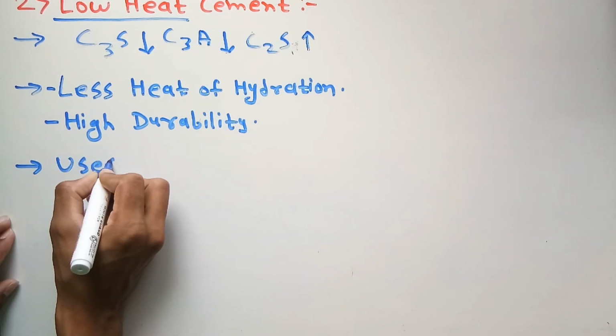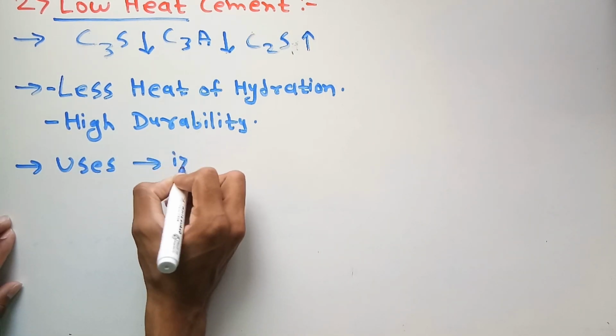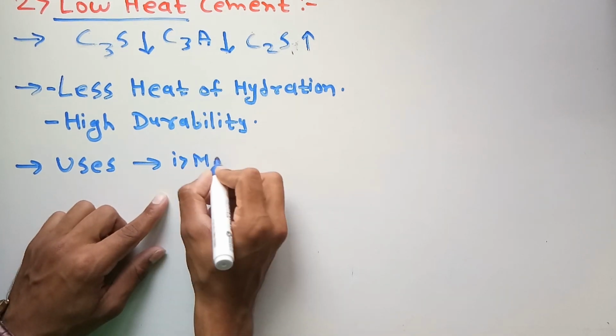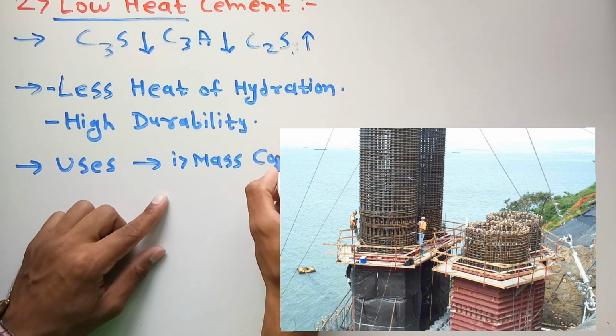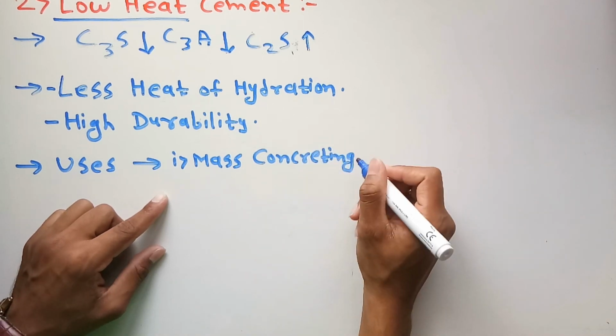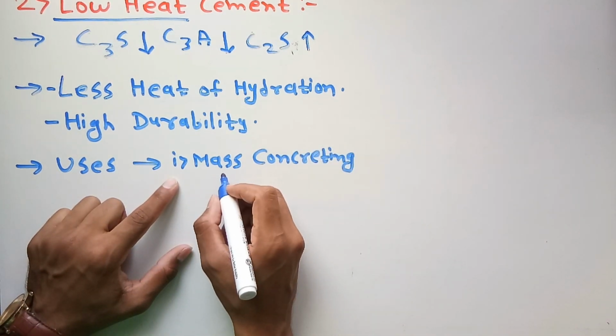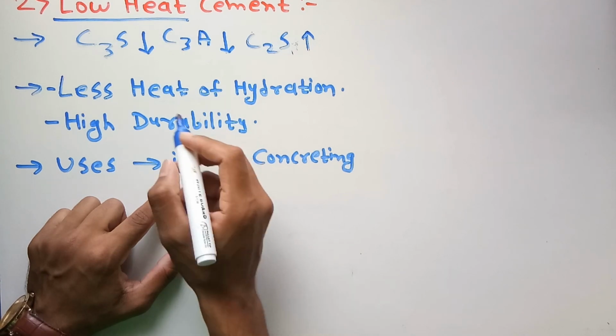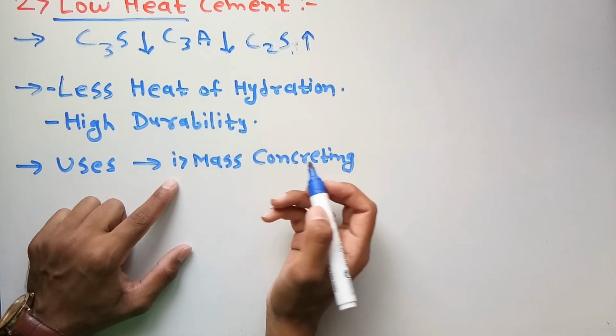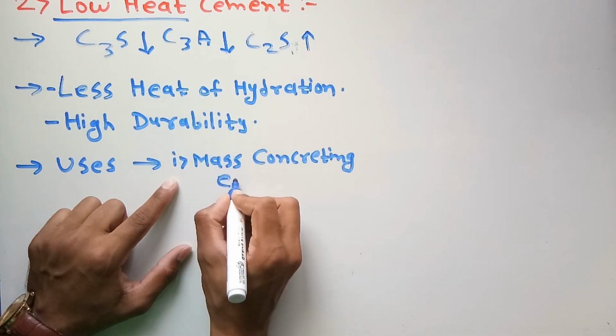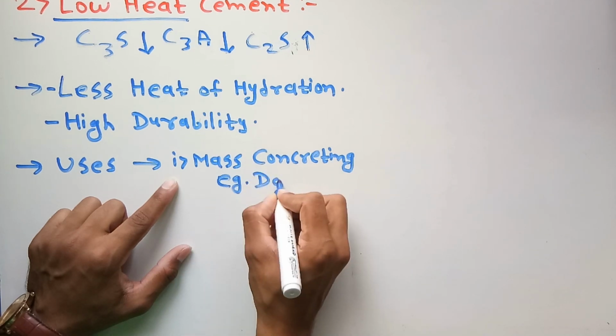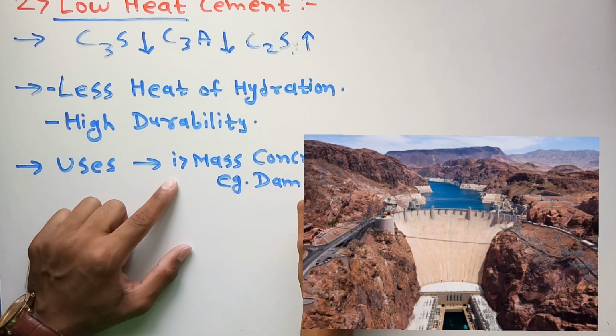First use, it is used in mass concreting, because in mass concreting the generation of heat of hydration is quite high. To avoid that, we use the low heat cement in case of mass concreting. An example of mass concreting we can give is dam structures.